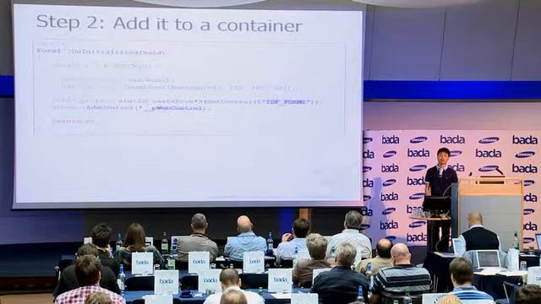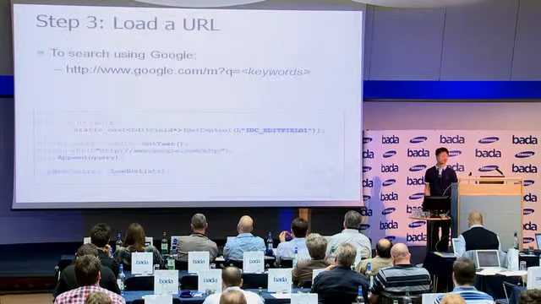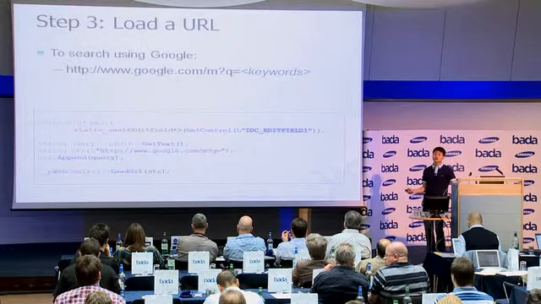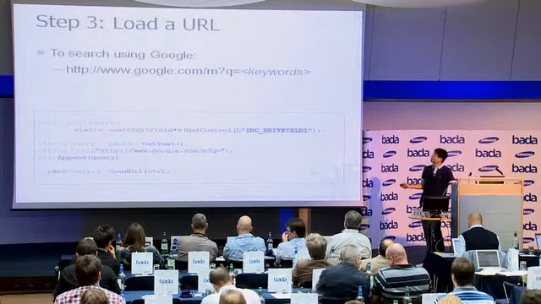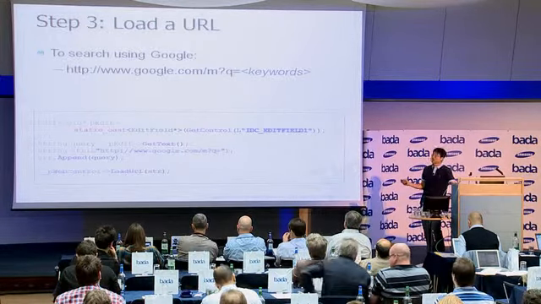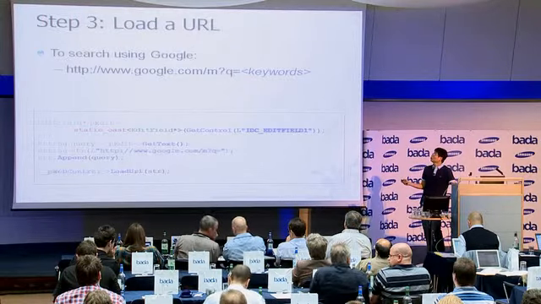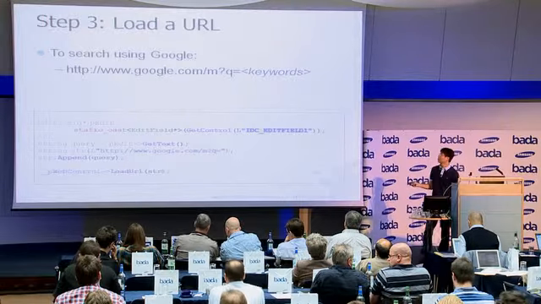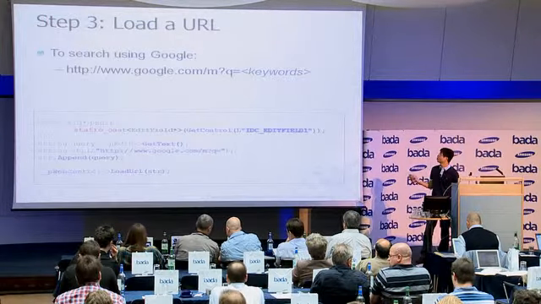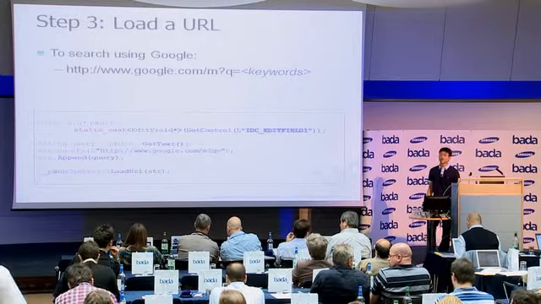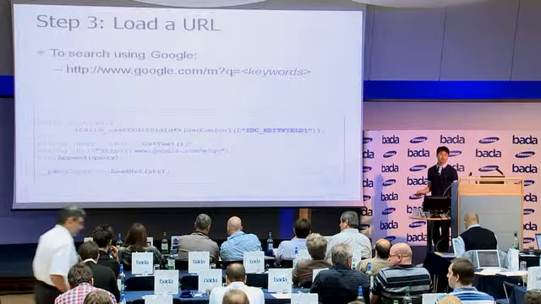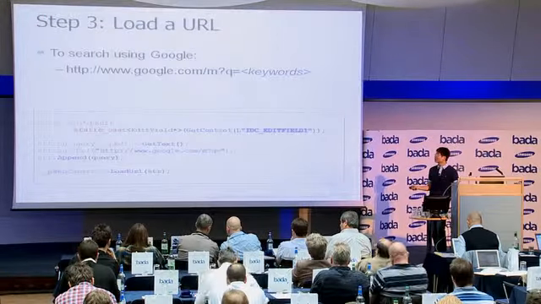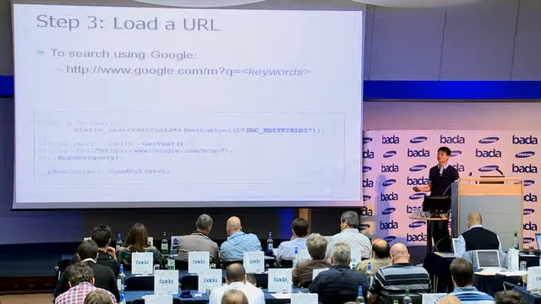The final step is LoadUrl, specifying the URL to the web control. Here, I will use this URL, and the query string will be passed after the q, and the m means please give me the mobile page. So I will use this URL. And actually the user enters some information, some query, in the edit field, so I should get the text from the edit field.